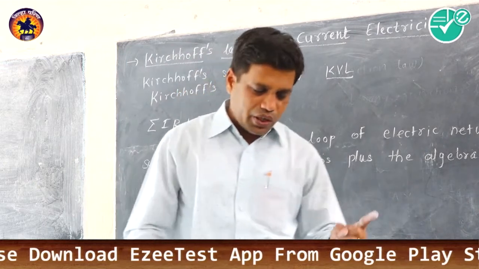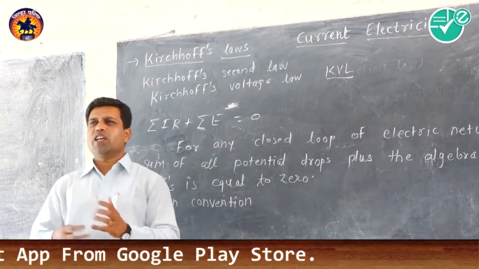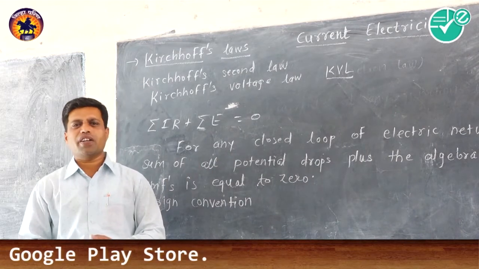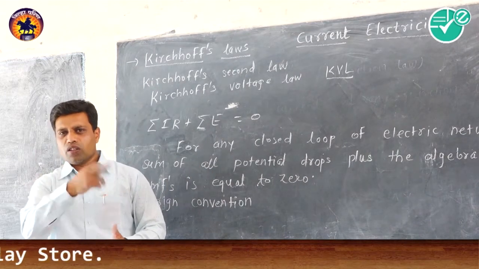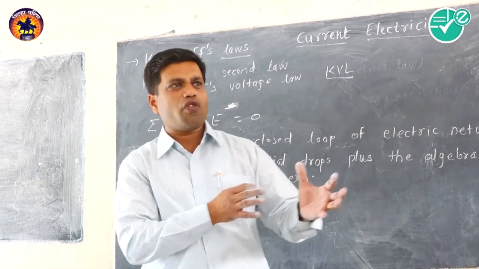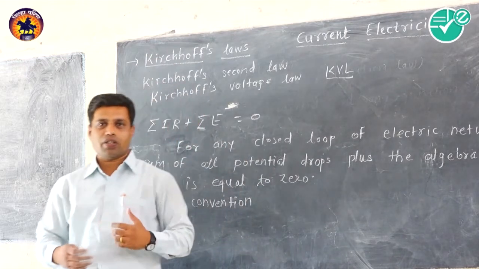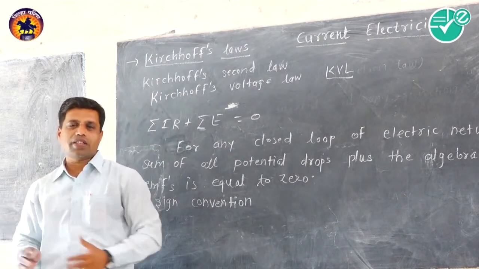I will once again repeat. While tracing the loop for calculation of voltages and current, if you move the loop in an anti-clockwise sense, and if you observe some current also flowing in the same direction of tracing the loop, then that current you have to take as a negative current, or otherwise you have to take it as positive.